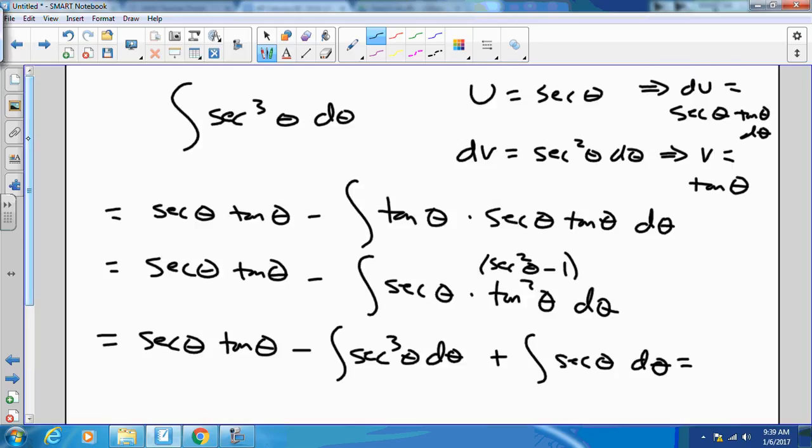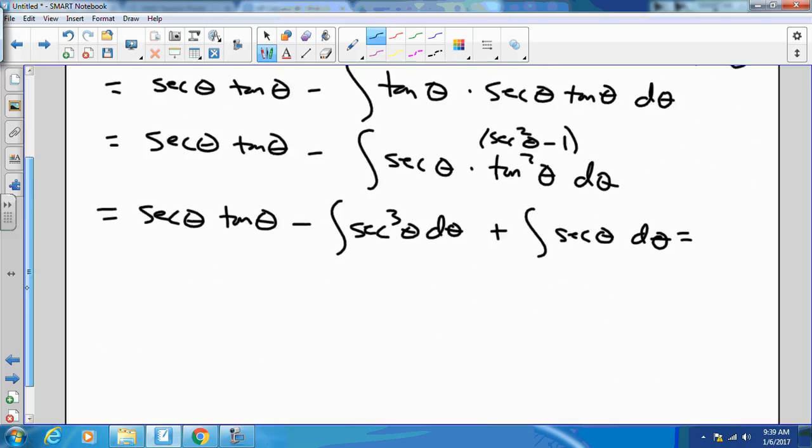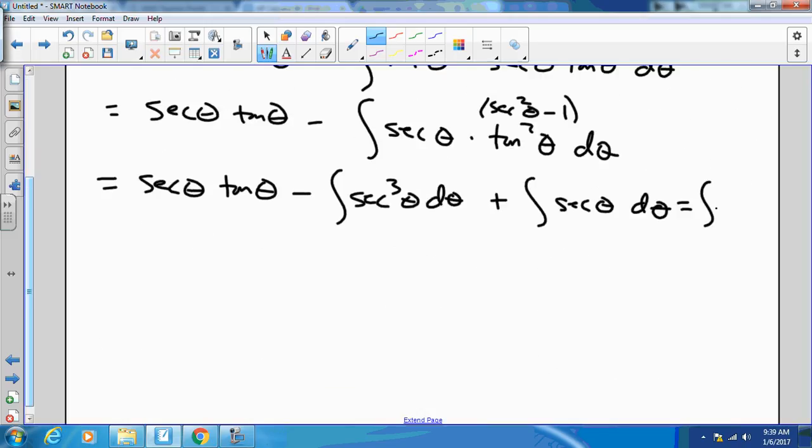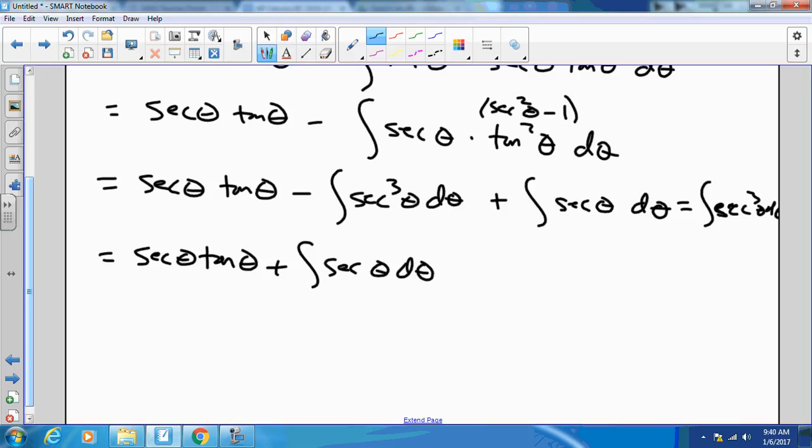Now, observe. All of this originally is equal to what? The integral of secant cubed. So I've seen this before. I can solve for the unknown integral by adding an integral of secant cubed to both sides. So 2 times the integral of secant cubed theta equals secant theta tan theta plus the integral of secant. Can we just take the integral of secant?